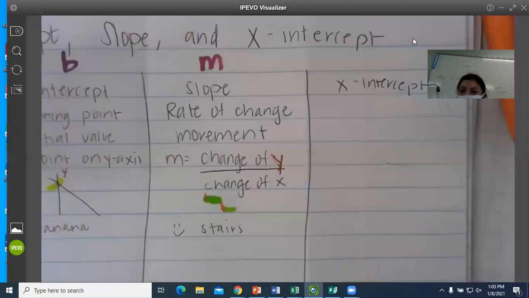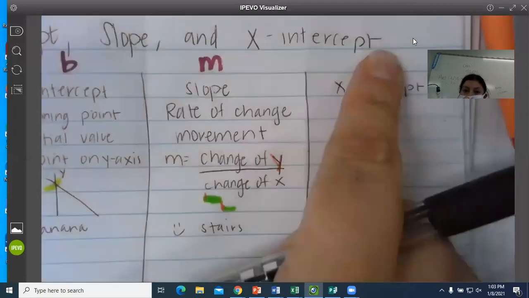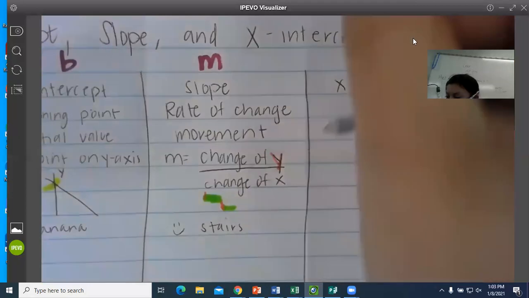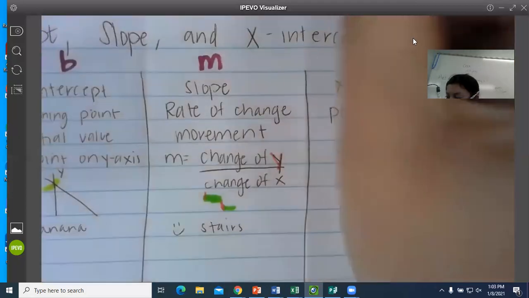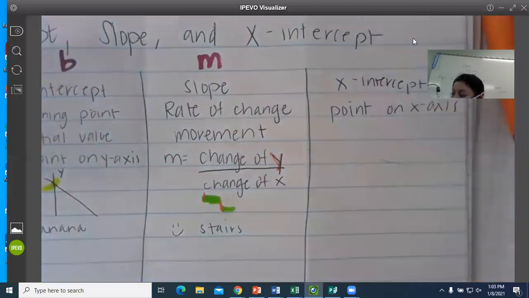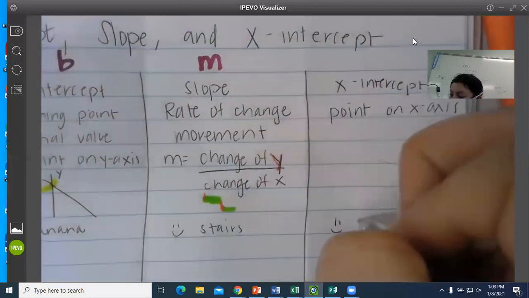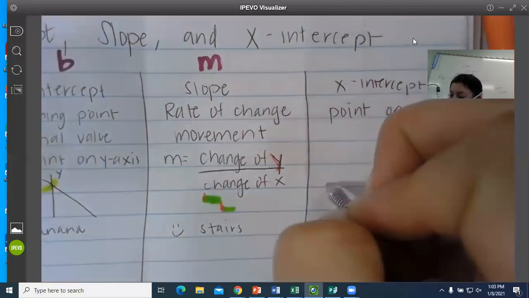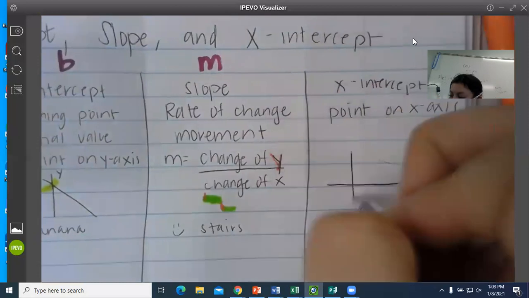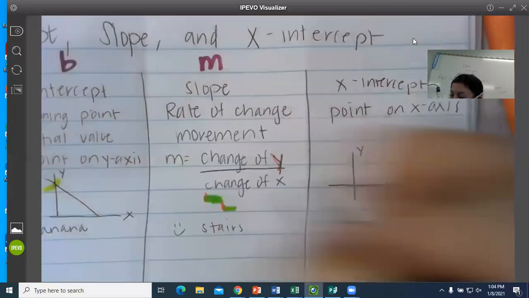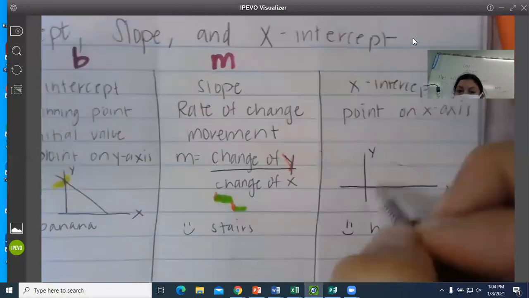The X-intercept, there's no notation for the X-intercept, but the X-intercept is just the point on the X-axis. Okay, and what we draw for this one is a heart, because I like to say your X used to have your heart. So there's the Y-axis, right? There's where it touches the Y-axis.